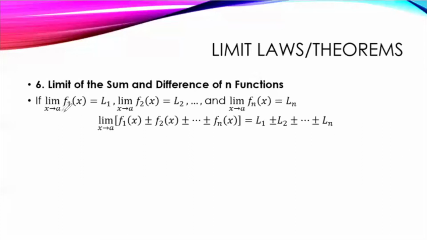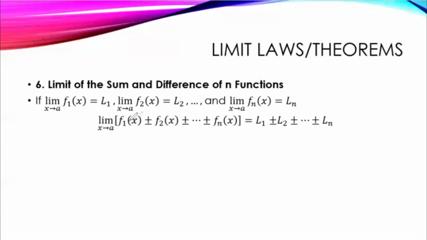If the limit of f sub 1 of x as x approaches a is equal to L sub 1, the limit of f sub 2 of x as x approaches a is equal to L sub 2, and so on up to the limit of f sub n of x as x approaches a is equal to L sub n, then the limit of the sum and difference of each function is this one.